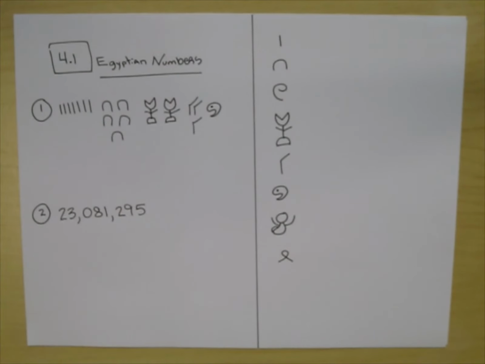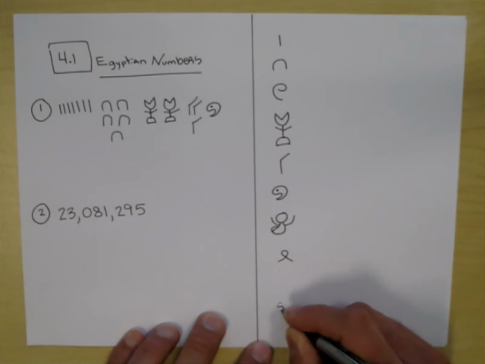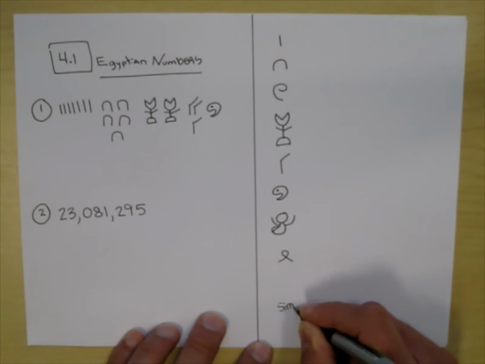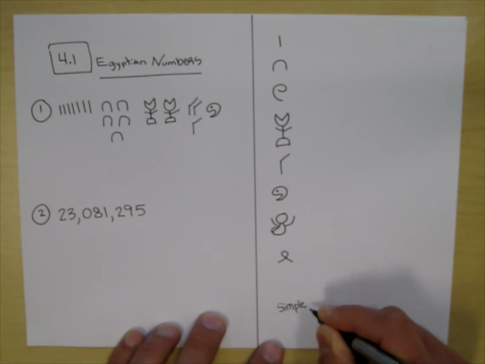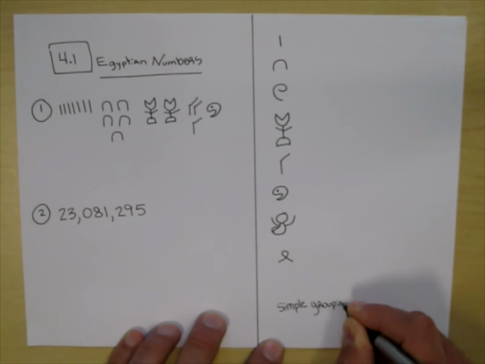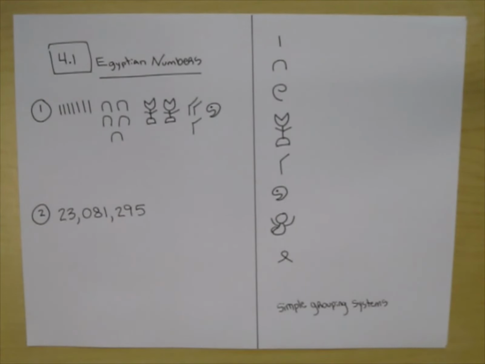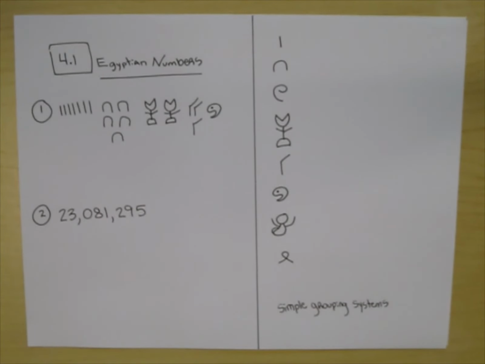Okay, back to the hieroglyphics. The hieroglyphics actually represented a simple grouping system, as opposed to what we'll see next time, which would be a positional system.